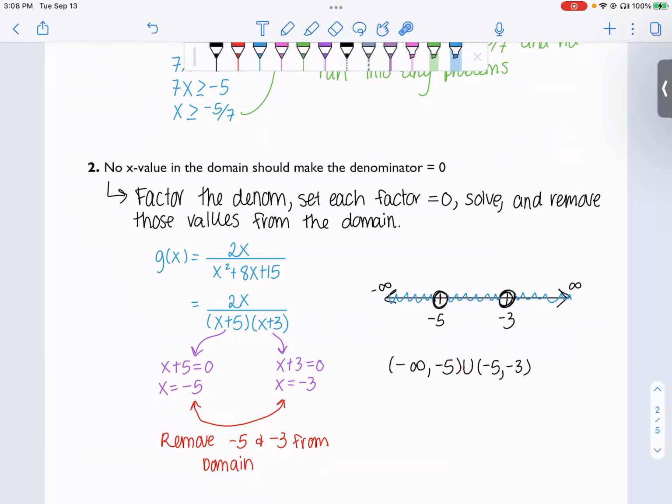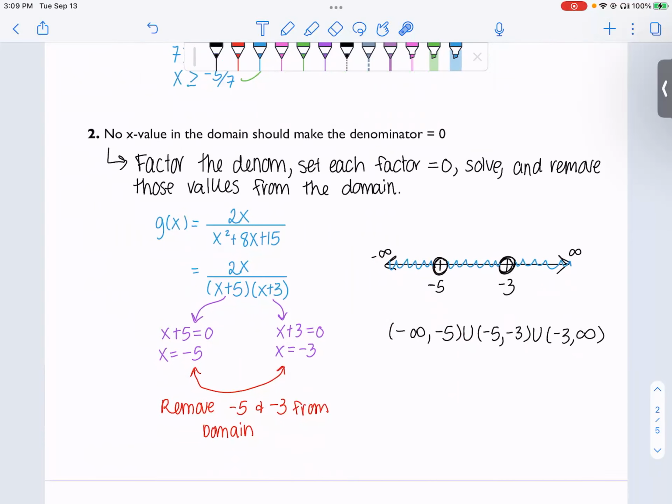Parenthesis to exclude negative 5. From negative 5 to negative 3, excluding. And then from negative 3 to infinity. That would be the domain of this function in interval notation.